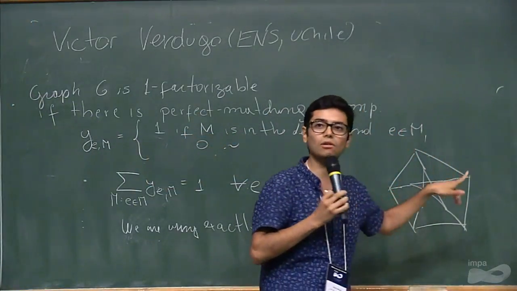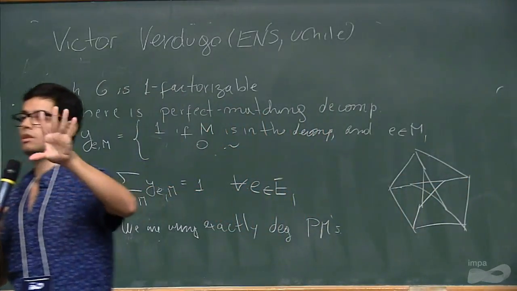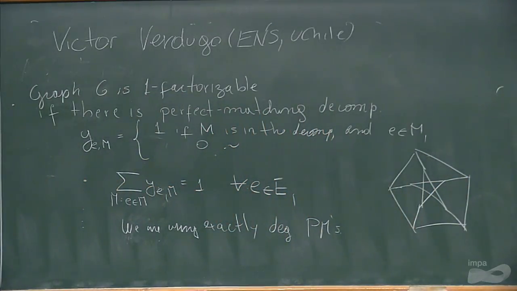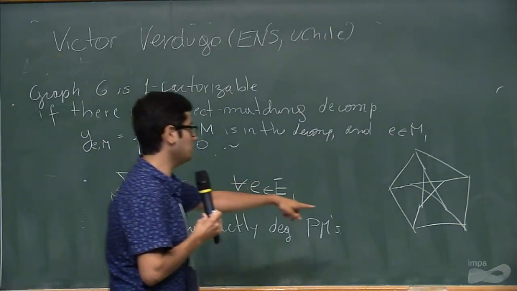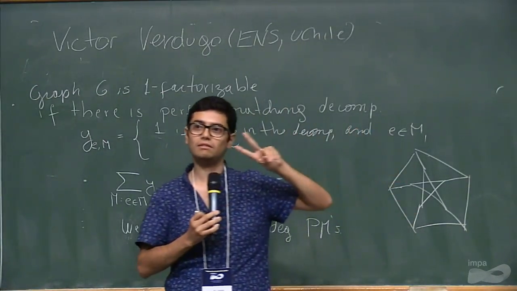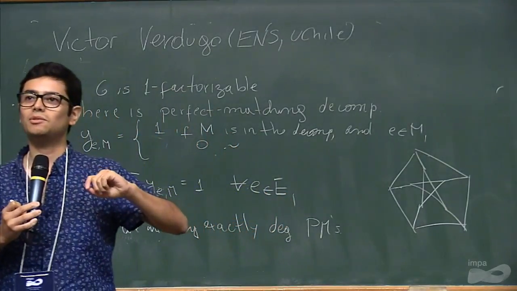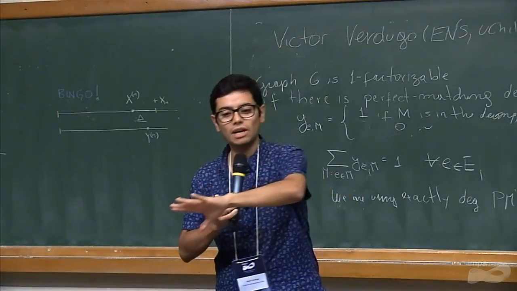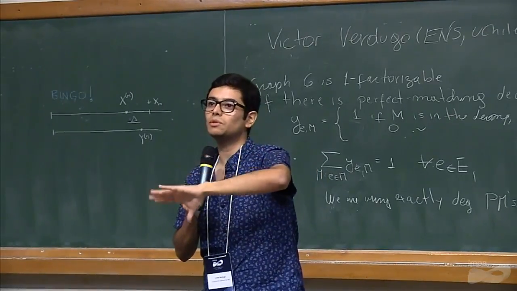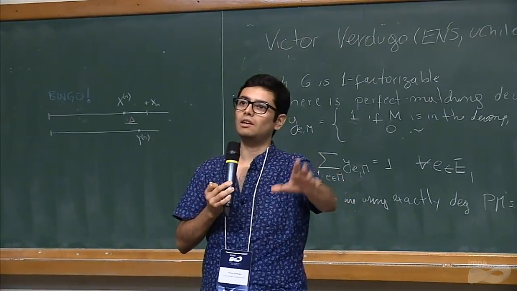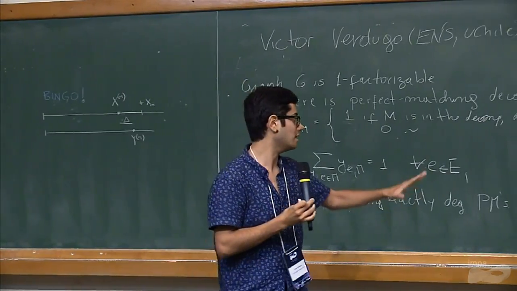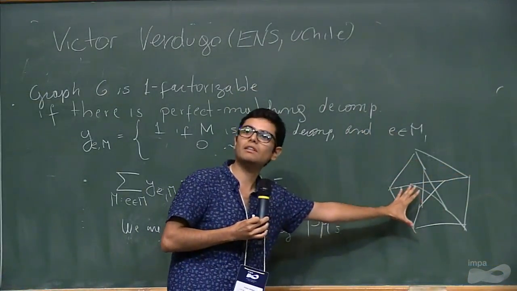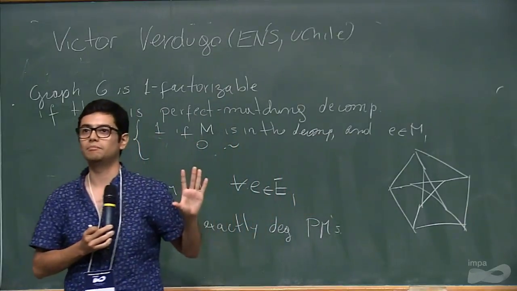Each edge is covered by 2 of them, but you cannot decompose the graph into perfect matchings. But it is fractionally decomposable. Why? Because every edge can be covered by 2 perfect matchings exactly. In other words, you can construct a distribution over perfect matchings in a way that you cover every edge. So this is an example of a fractionally decomposable graph, but not integrally.